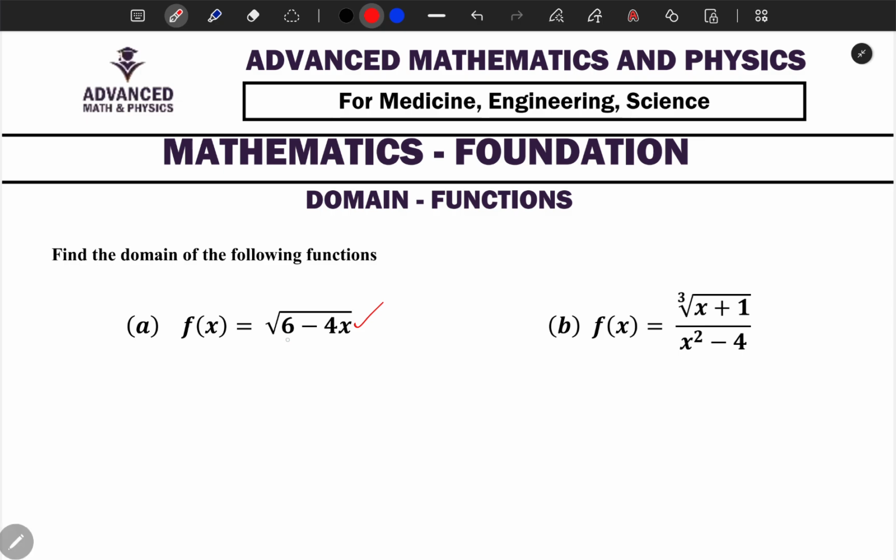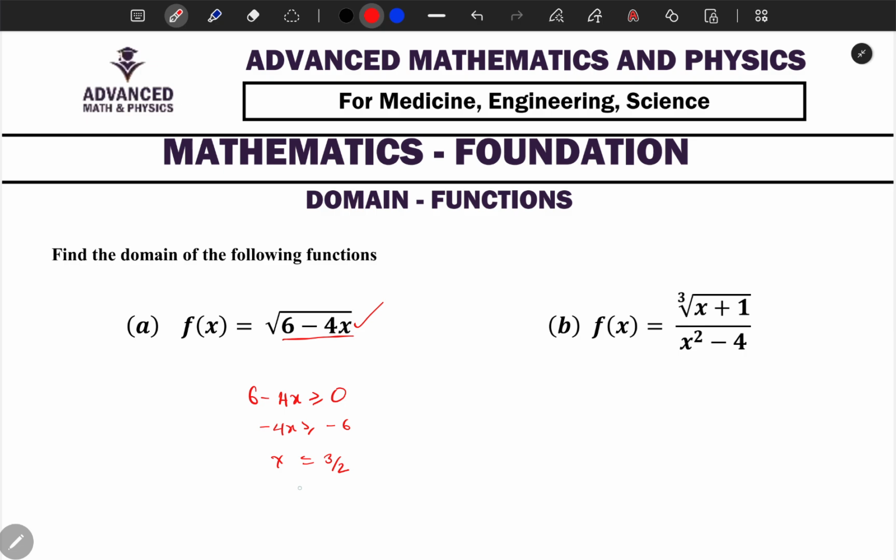So what you do is take what is inside here and set it to be greater than or equal to 0. So you say 6 minus 4x should be greater than or equal to 0. Nothing less than 0. And of course when you solve, you end up getting this.